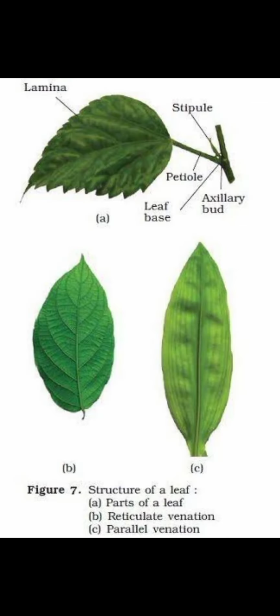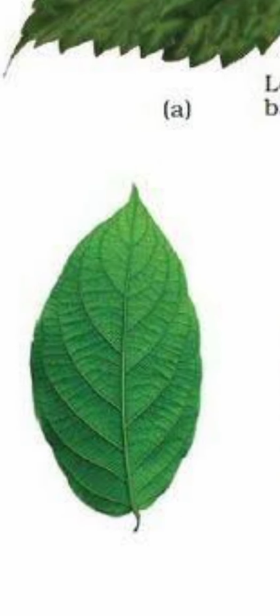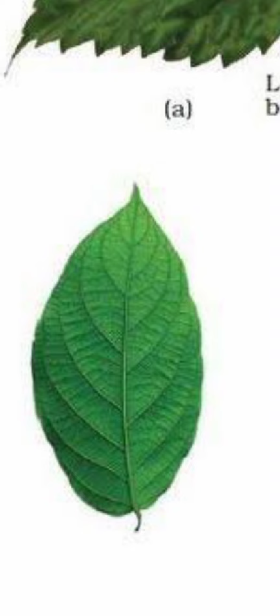There are two types of venations in the leaf, okay? The venations are of two types, reticulate venation and parallel venation. Here you can see a reticulate venation, a network like venation.